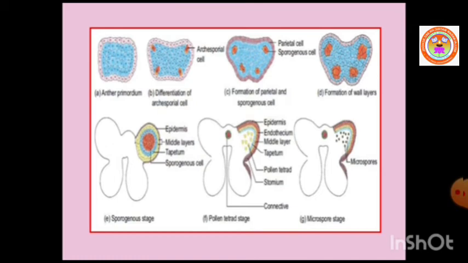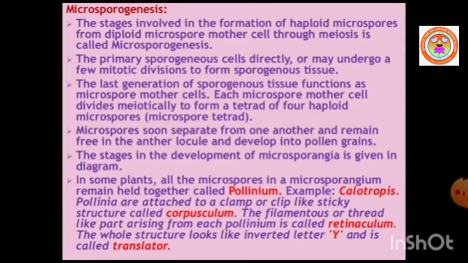In some plants, microspores in a microsporangium remain held together. They are called pollinium. Example, Calotropis.